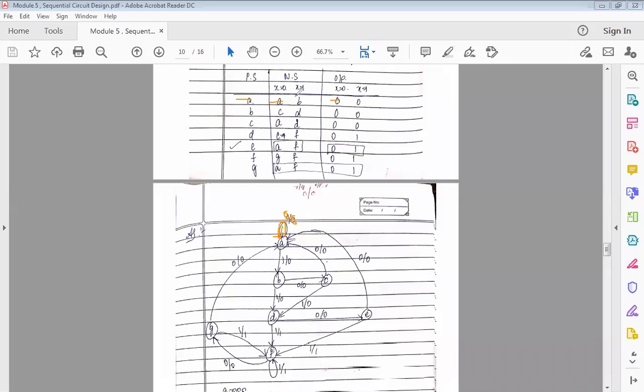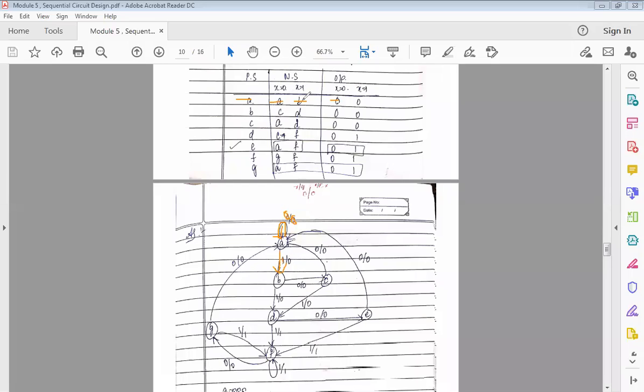Next, when x is equal to 1, it is going to another state called B. So I will draw a line here, and I will say that A goes to B when my input is 1.